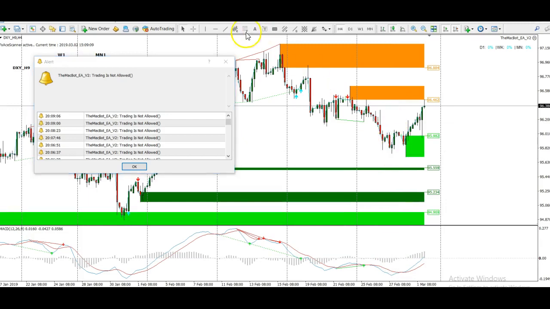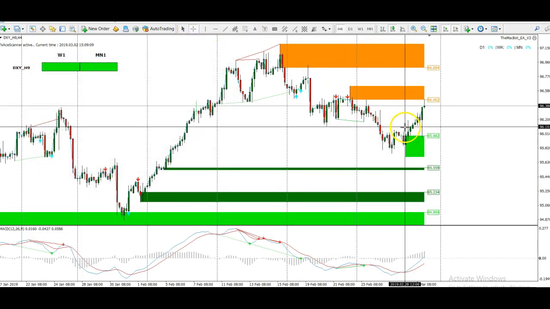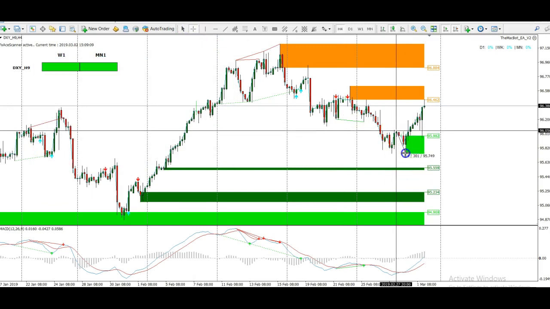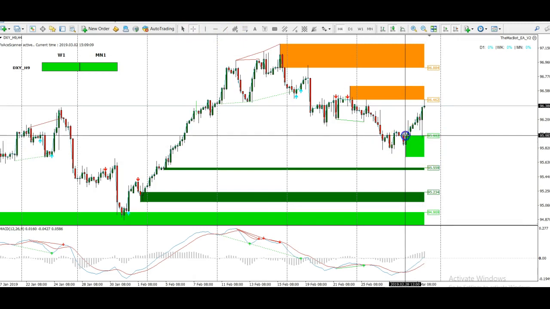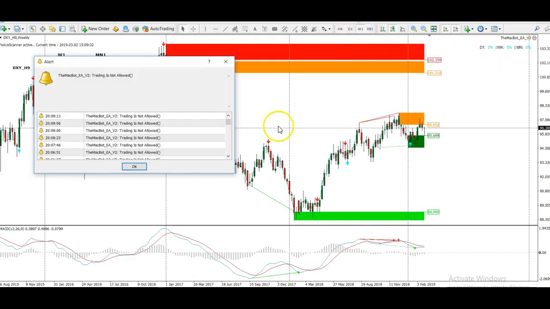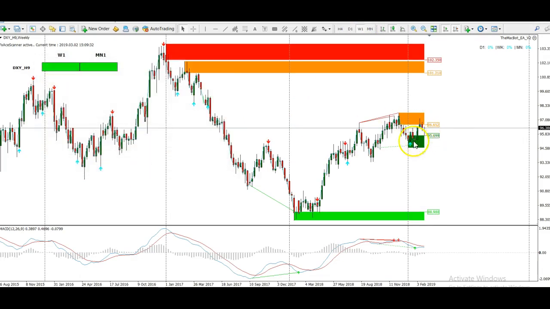Price pops up. This would have been a manual entry. It comes back down but doesn't create a new low. This would have been a great entry to get back in on this move up. So what we're going to have to do here longer term is wait for another entry and see what happens here. New levels were created, it comes down to test the new zone and is likely to pop up and create a new high.